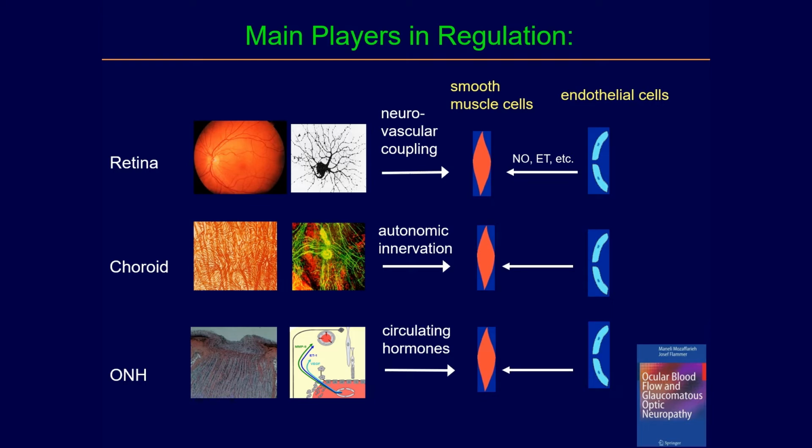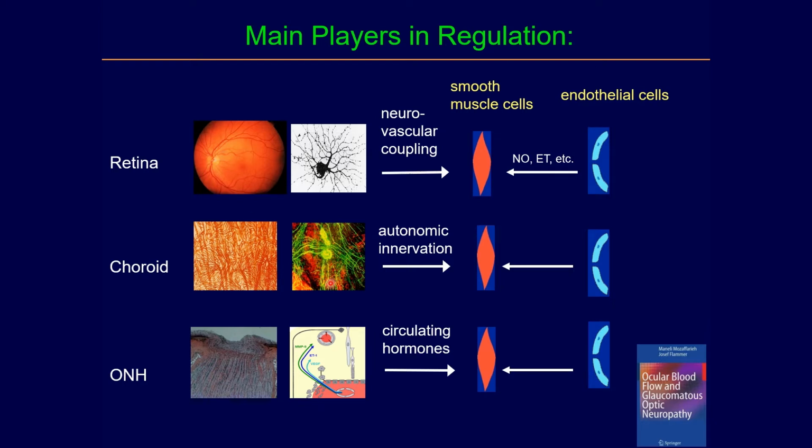The blood flow in the retina is influenced, among other things, by its current activity. This is called neurovascular coupling. While the blood vessels in the retina have no innervation, the vessels of the choroid are intensively innervated.